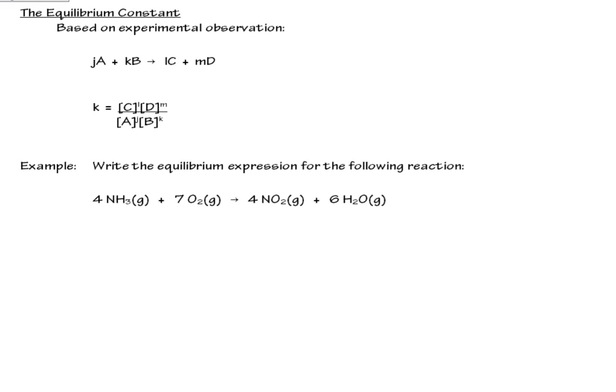And it's so easy. It's like an insult to your intelligence. It really looks like this. So you're going to have K equals. Whenever you have something in brackets that represents the molarity or the concentration, moles per liter, it's always going to be products over reactants. Let's write that in. Products over reactants. So you're going to start with your products.